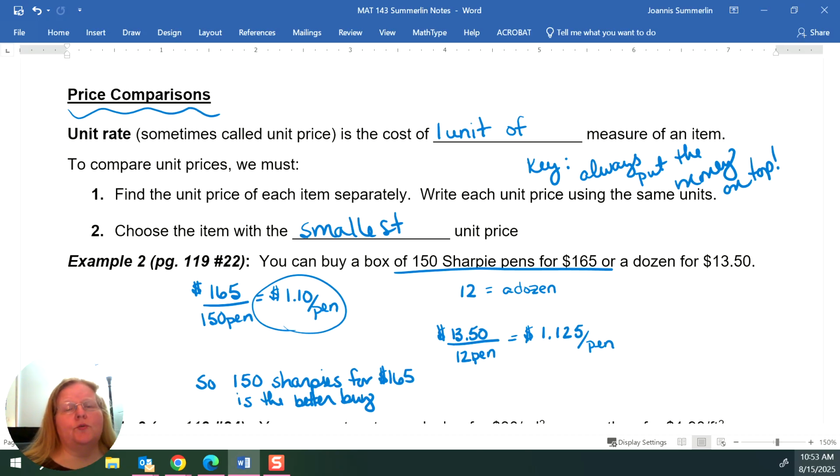So you can go to the store and you can look at, say, boxes of Cheez-Its. For the family box of Cheez-Its, they'll have how much it is per ounce written down.